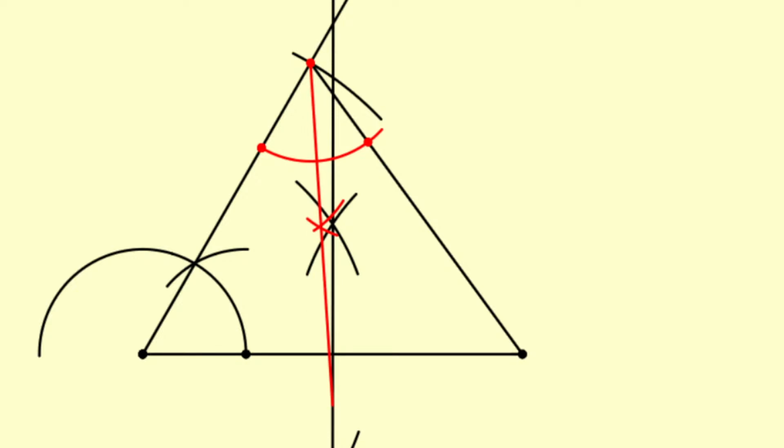Yes. So their point of intersection you have to name as P. Where they are intersecting, that point you have to name as P.